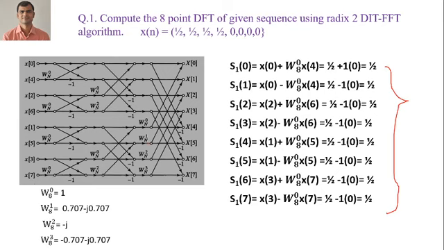Now x of 2 is S2 of 2 plus W82 S2 of 6, and x of 3 is equal to S2 of 3 plus W83 S2 of 7. In a similar way we can find x of 4, x of 5, x of 6 and x of 7.